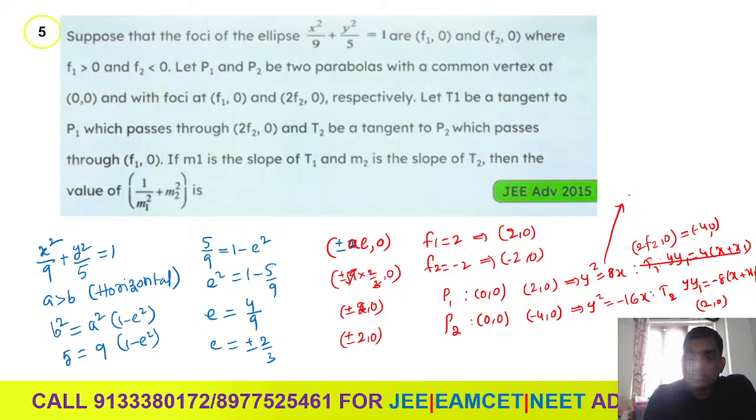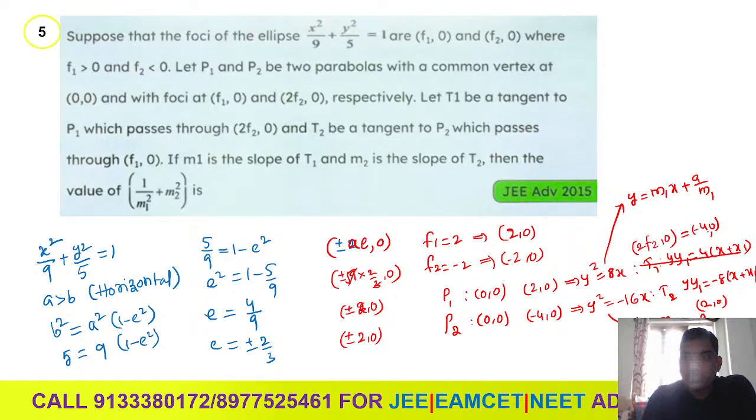For the first, y equals m1x plus a by m1. For the second, y equals m2x plus a by m2. These tangents are passing through the points minus 4 comma 0 and 2 comma 0 respectively.